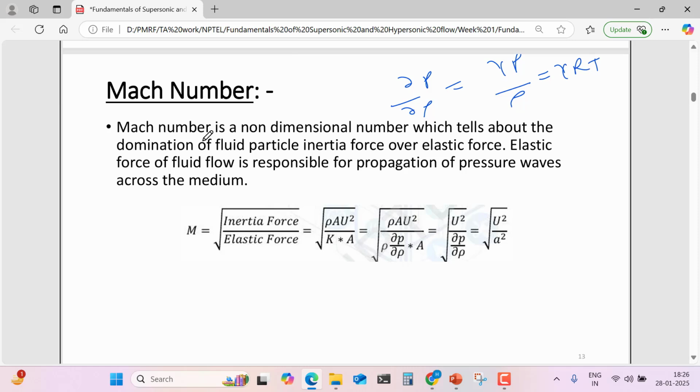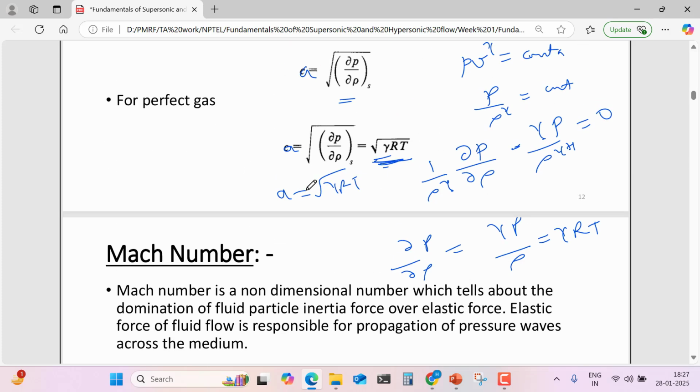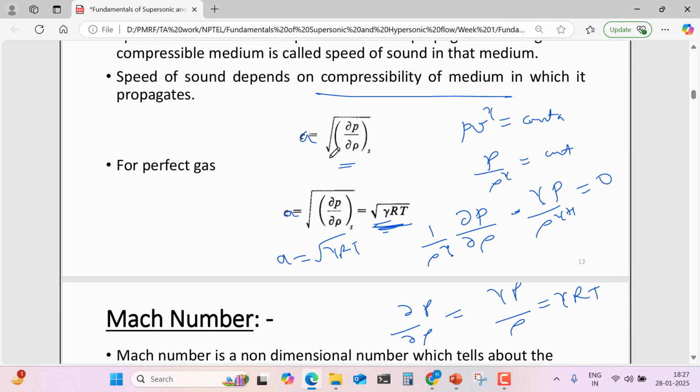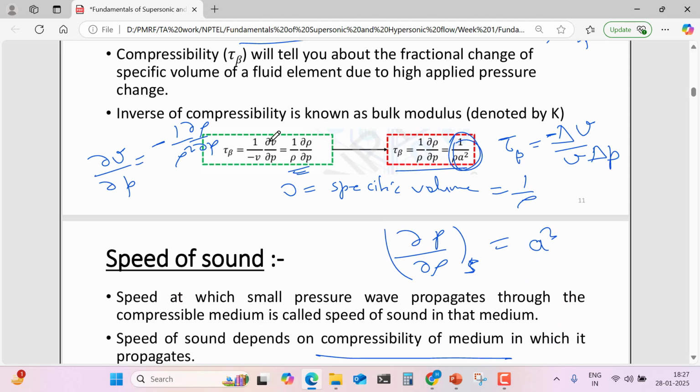Now we will define one more non-dimensional number which is used in compressible flow, which is the Mach number. It tells about the domination of inertial force over the elastic force. Elastic force of the fluid flow is responsible for the propagation of the pressure waves across the medium. We have seen that this speed of sound depends on the compressibility, which is nothing but the reciprocal of the bulk modulus.